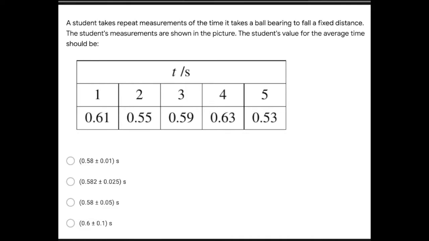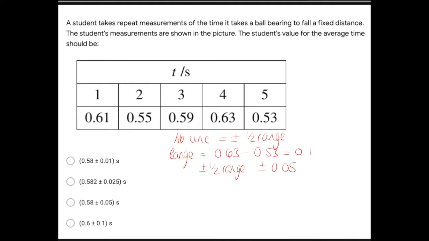Then we come to another means of finding the absolute uncertainty, which is when you have a repeat set of readings. When you have a repeat set of readings, your absolute uncertainty is calculated as plus or minus half the range of the readings. In this case, our range is 0.63 minus 0.53, so we have a range of 0.1, and therefore plus or minus half of our range is plus or minus 0.05.